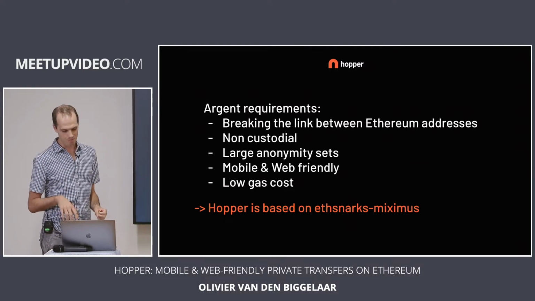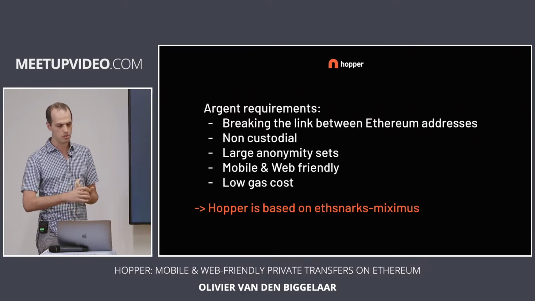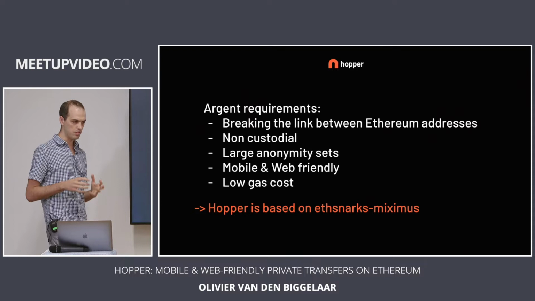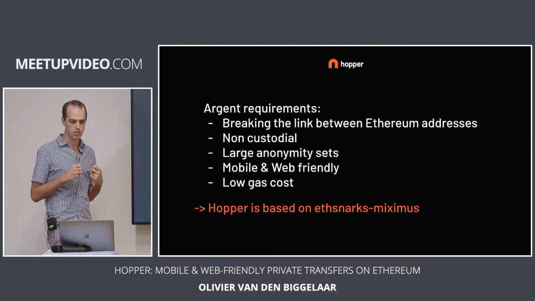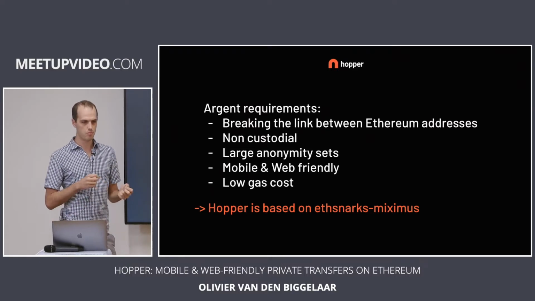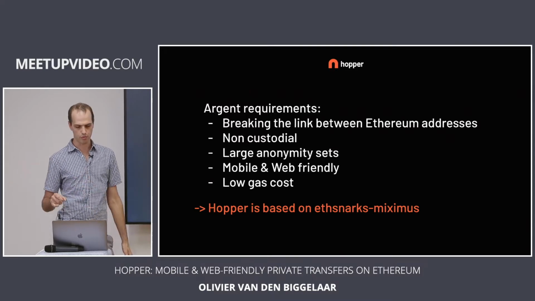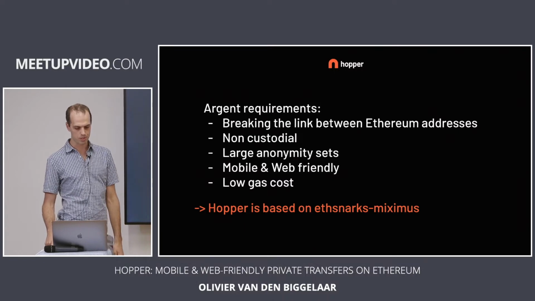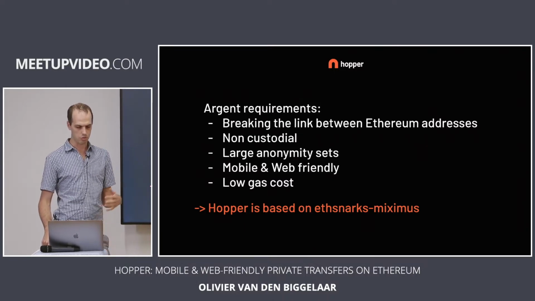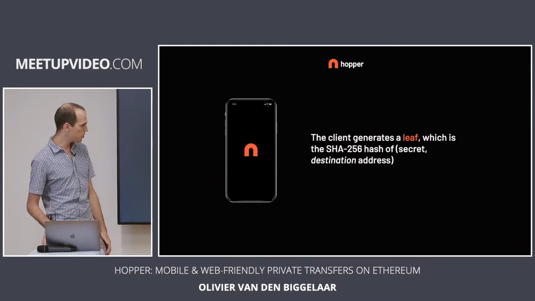Miximus indeed breaks the link between accounts and has this property that it doesn't work on batches, so you can send a note to the mixer, and then if you decide to leave it there for a long time, this can help the anonymity of future users. And the latest implementation is quite lightweight, both in terms of gas and in terms of computational efficiency of the prover.